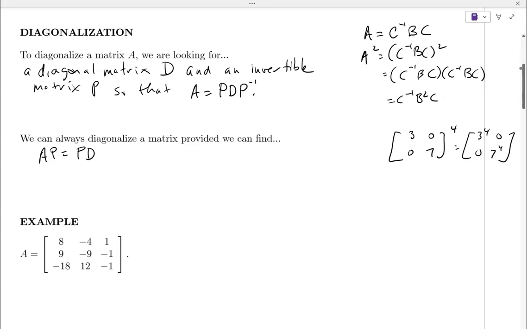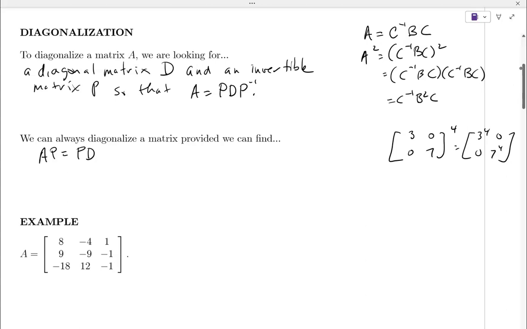I want to figure out an equation to solve where my P is on both sides, like this. Remember that if I multiply by a diagonal matrix on the right, it has the same effect as taking the first entry times the first column, second entry times the second column, third entry times the third column, down the line, right?